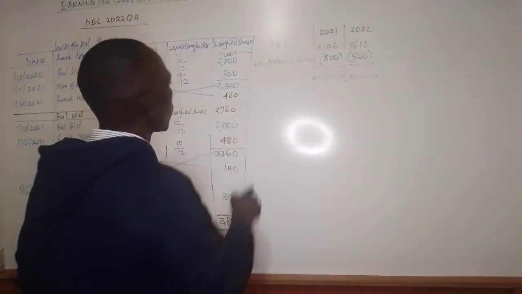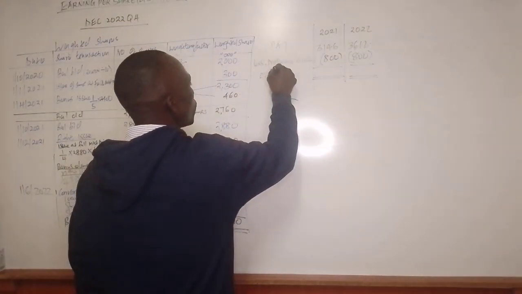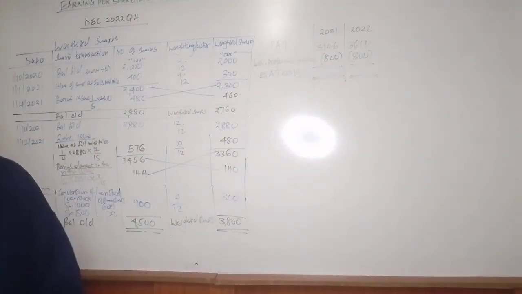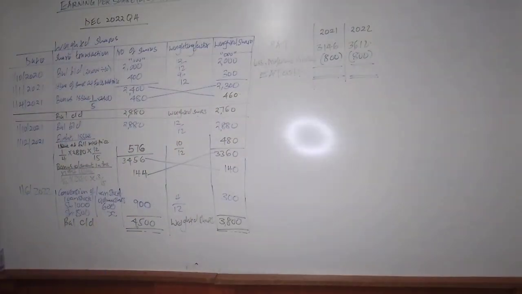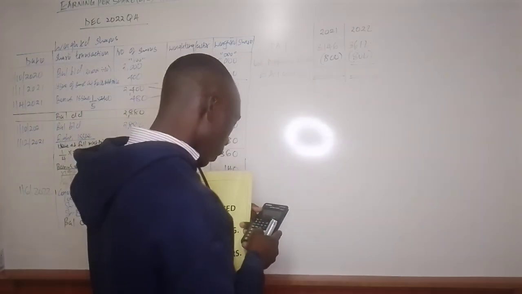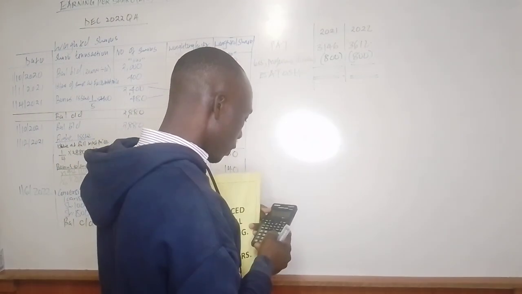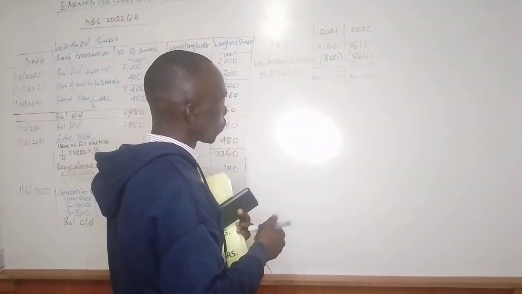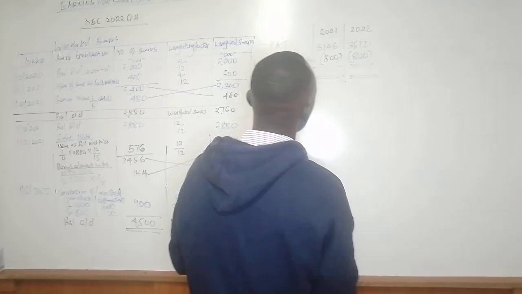Our output will be the earnings attributable to ordinary shareholders. Earnings attributable to ordinary shareholders of how much? The first case will be that 146, then we minus 800, and we get 23.46.